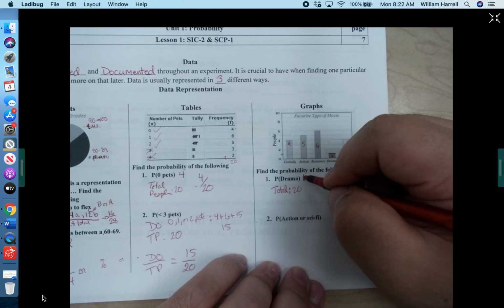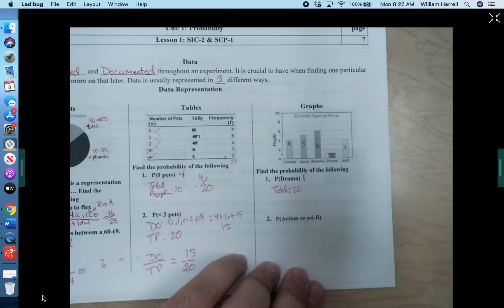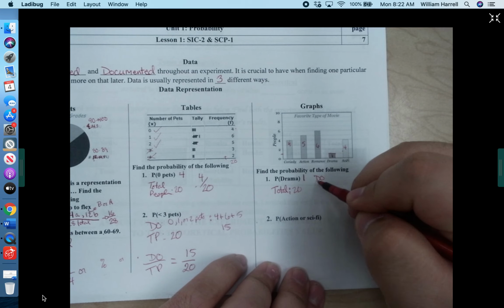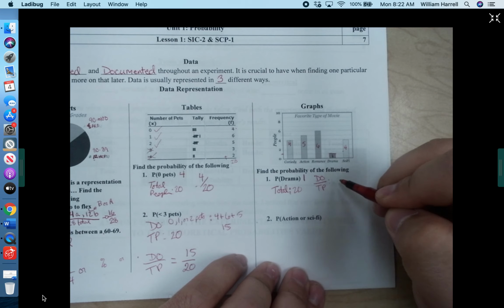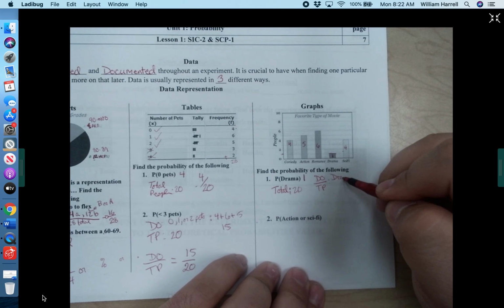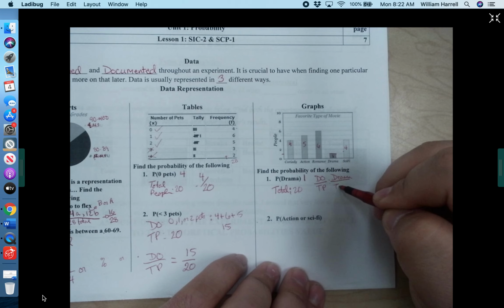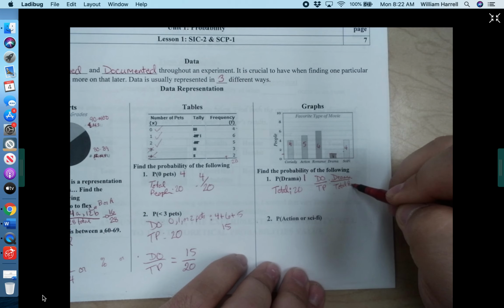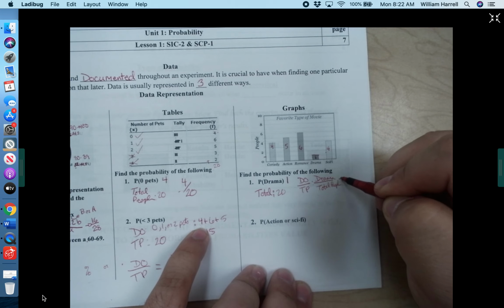So probability, desired outcome, divided by total. So again, desired outcome was drama, total people, again, 1 out of 20.